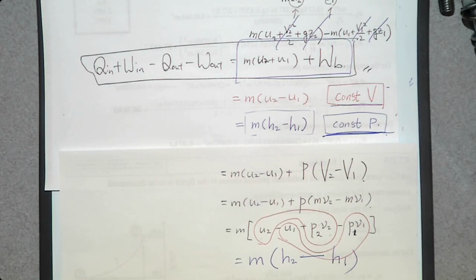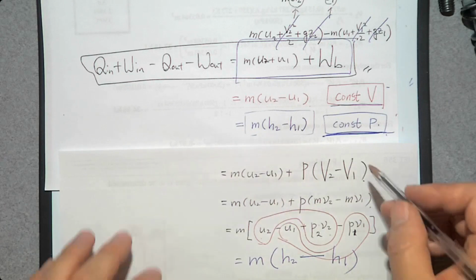What is the world that we live in? Constant volume? No. When we eat, we get fat, so it's not constant volume, but the atmospheric pressure remains almost constant. So we are living in a world where pressure P remains constant.